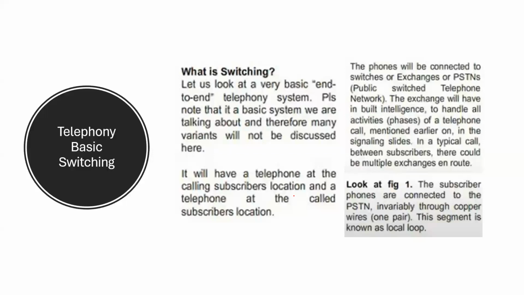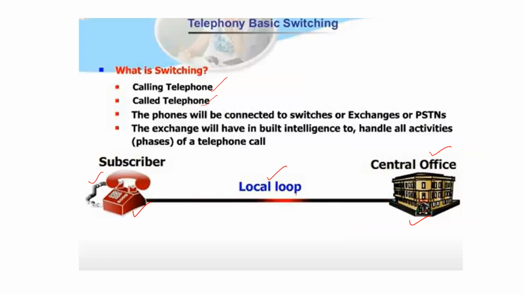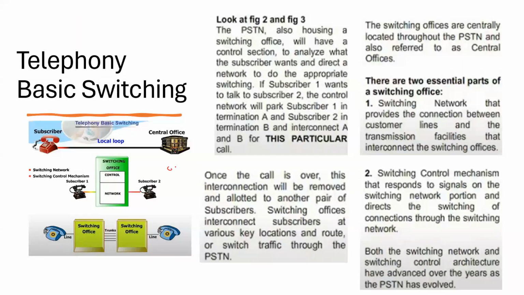The exchange will have inbuilt intelligence to handle all activities of a telephone call mentioned earlier in the signaling slides. In a typical call between subscribers, there could be multiple exchanges and routes. This is the explanation of the first figure, then we will see the second and third figures.